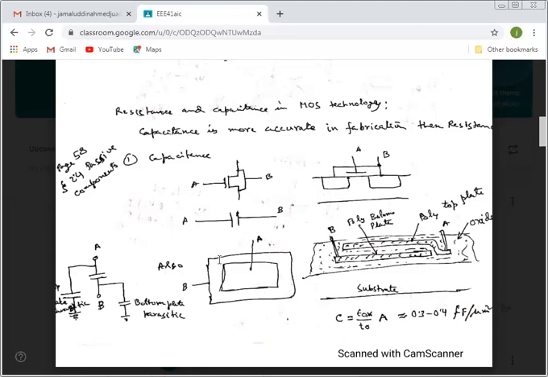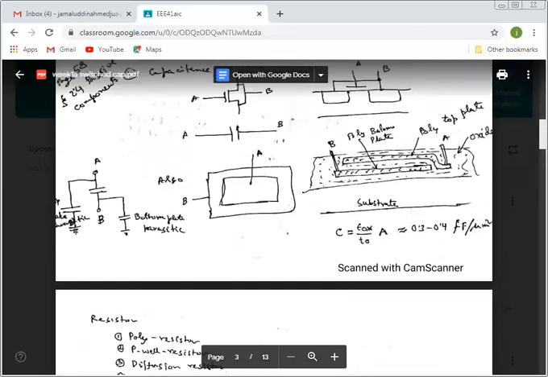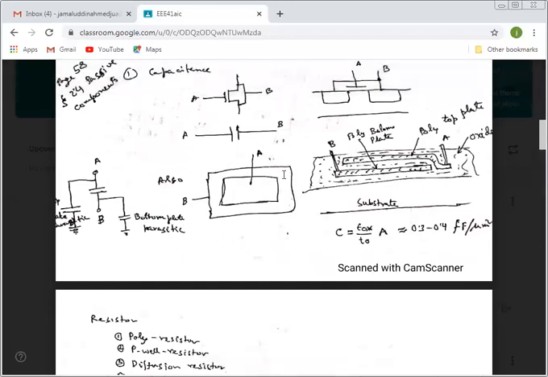Also we can design with a metal capacitor, like make one plate of metal B, and on top of it make another plate or metal layer, which is A. So A is on top of B. Between B and A there is oxide.